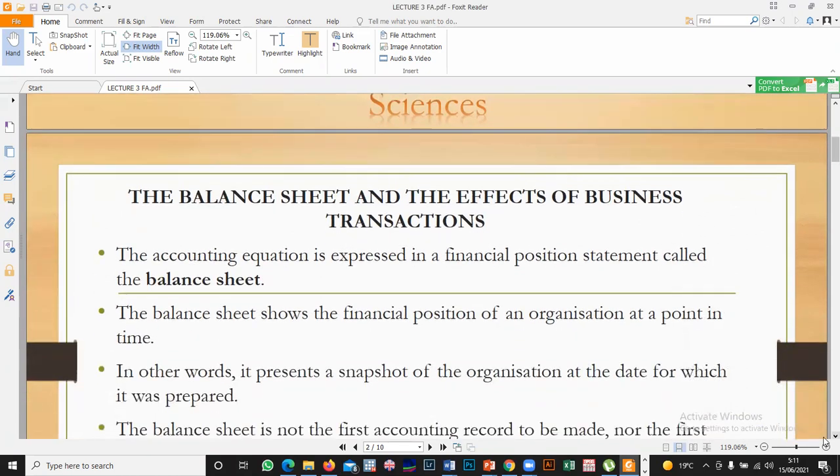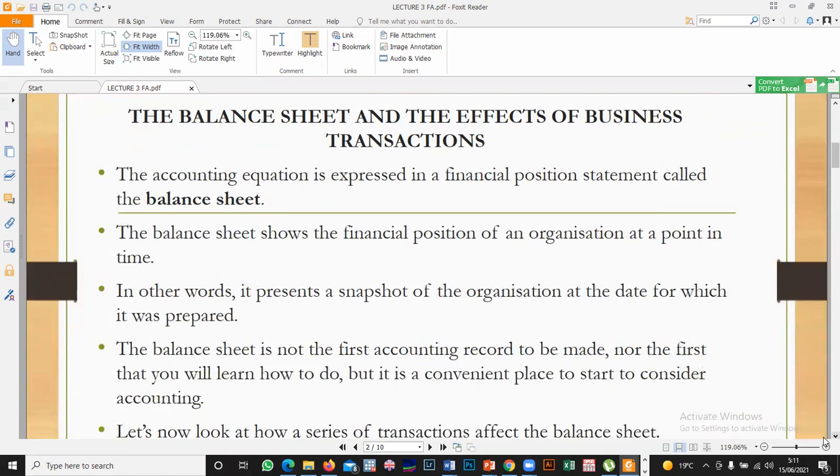Okay. Now, we looked at the accounting equation in our last lecture, which is expressed in a financial position statement called the balance sheet.